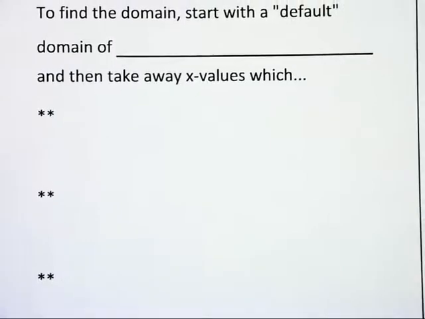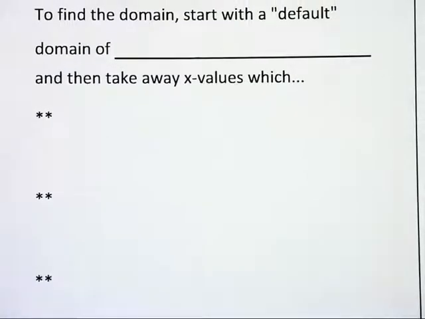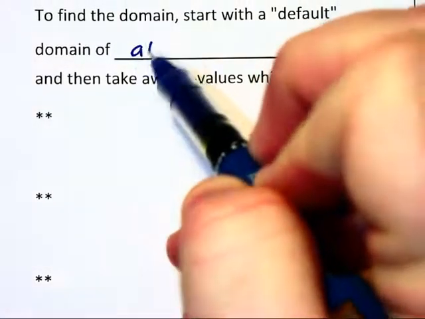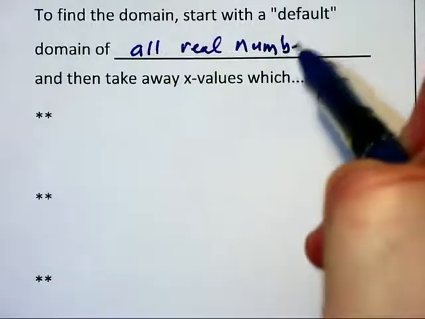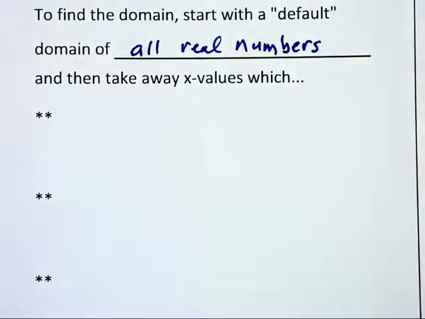Now, in general, when you are finding the domain of a function, the default answer is going to be all real numbers. If you are in doubt, right off the bat, you just say all real numbers, that's my answer, and go from there. However, there's certain things that you want to take into consideration.